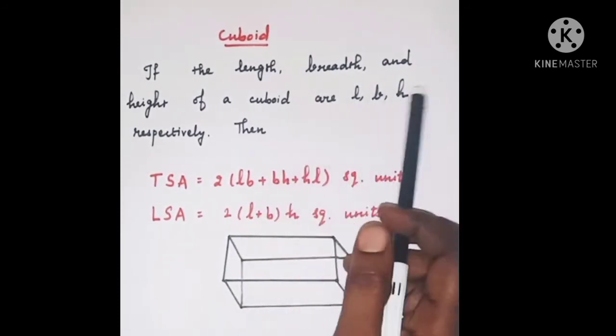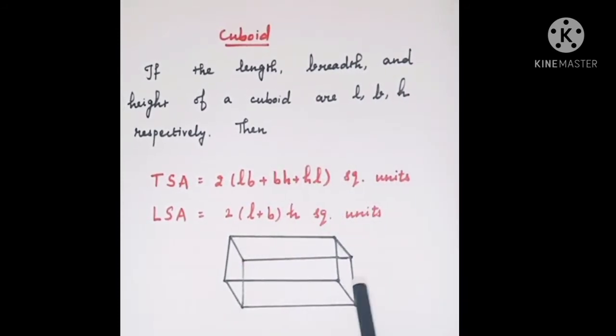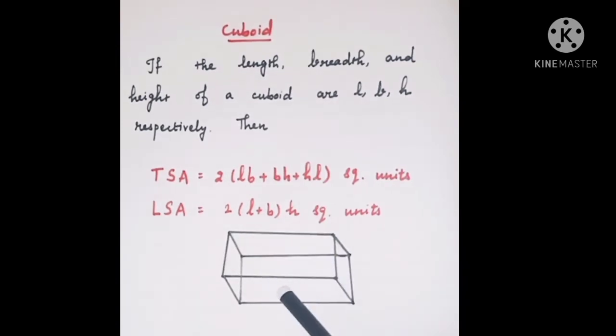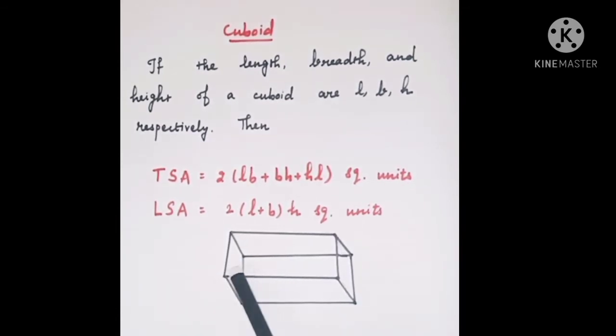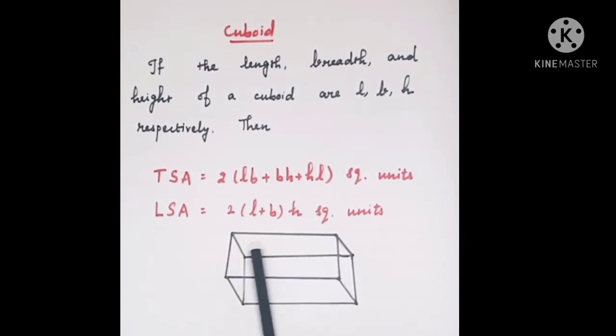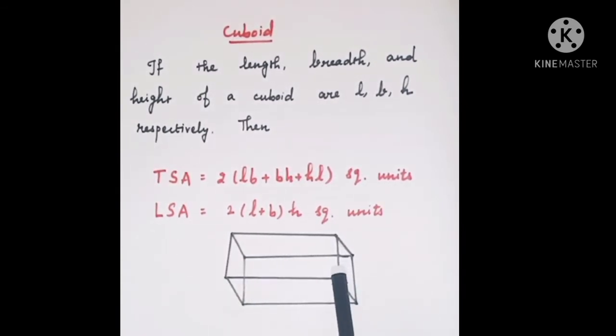Cuboid is nothing but a closed solid figure bounded by 6 rectangular plane regions. Example for cuboid is matchbox, brick, book, etc. Cuboid has 6 faces, 12 edges and 8 vertices. Ultimately, a cuboid has the shape of a rectangular box.